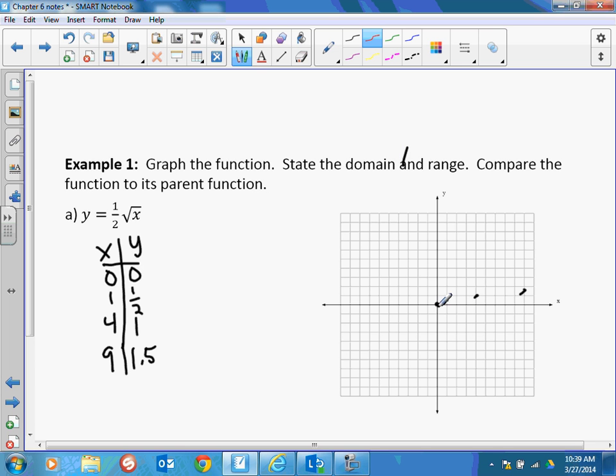So you can see from there how it grows very slowly. And it's not a straight line, it's a curved line, but it's really hard to see that curve because of how slowly it grows. The domain for this, I'll just write D for domain, is x is greater than or equal to 0.